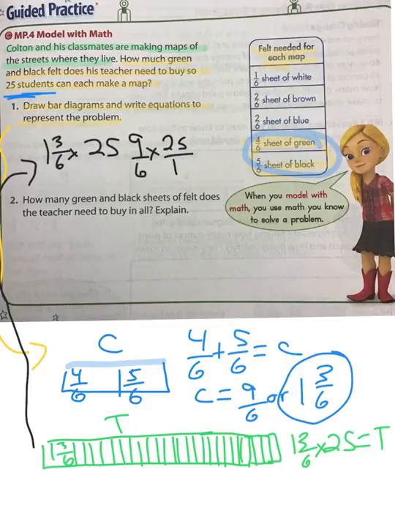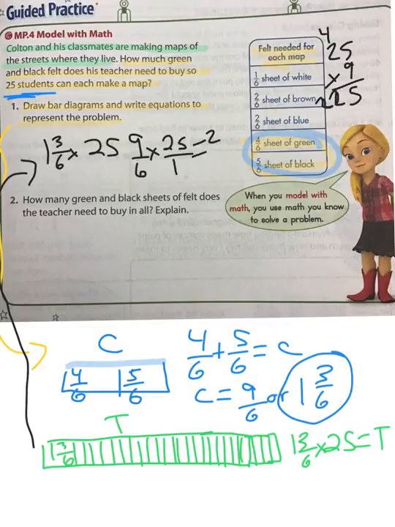So I'm going to be creative with how I use my room because I don't have a lot of room on here. So I'm going to do 25 times 9. 5 times 9 is 45. Regroup my 4. I have 9 times 2, which is 18, plus 4 more is 22. Sorry, it's kind of hard to see, but it's 22.